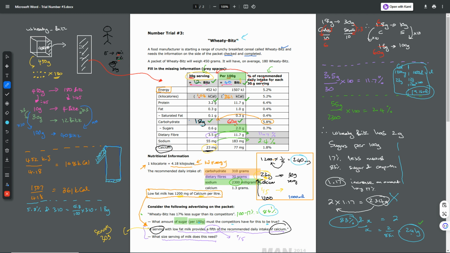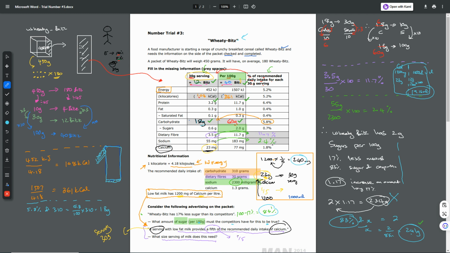So that's what I think it says, but 19.16 milliliters is not the answer they have. A serving with low-fat milk provides 1/5 of the recommended daily intake of calcium. What size serving of milk does this need? I've got 19.16 milliliters. So 19.16 milliliters will provide 23 grams, which is 1.8%.